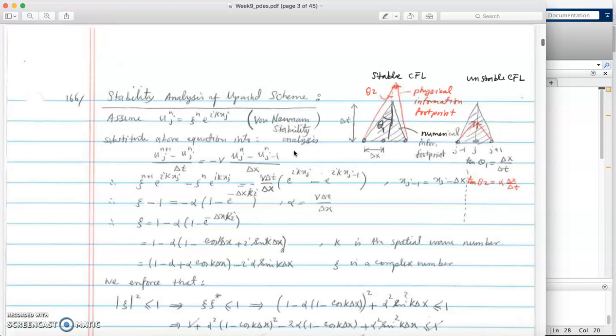If the velocity is positive, then the fluid is coming from left to right. If the fluid is coming from left to right, then you need to use backward difference, because for every point you know the velocity or the concentration at the point behind you.